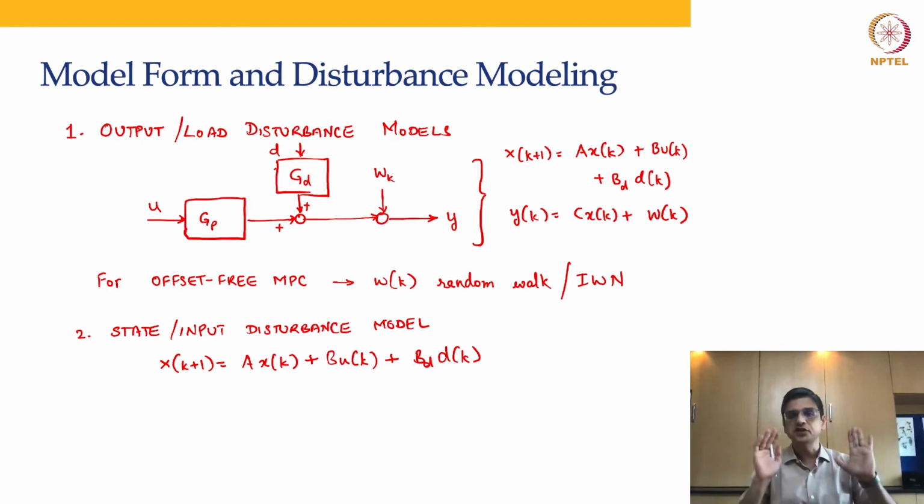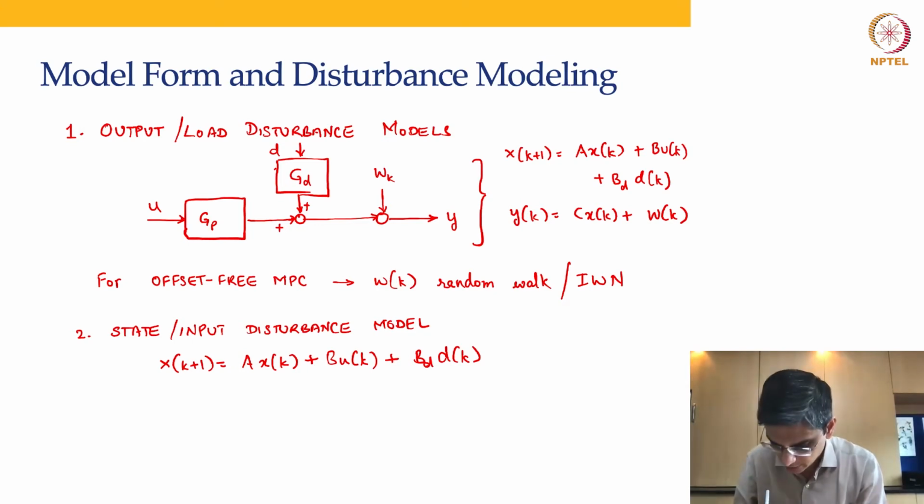It does not ever change. Why? Because this is a known part of the model. There might be errors in it in the sense that A may not be perfectly known, or A is linearization of an actual nonlinear plant, and therefore A, B and B_D will never be accurate representation of the plant. While that is indeed possible, what we are saying is that this represents the part that does not really change.